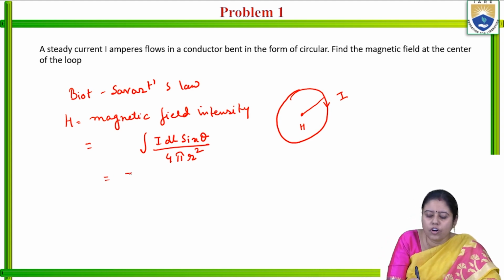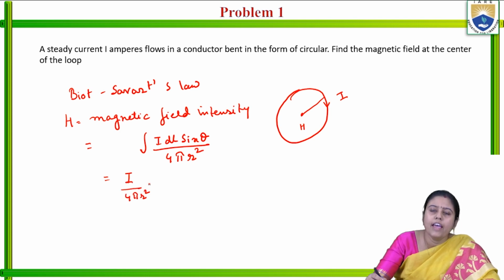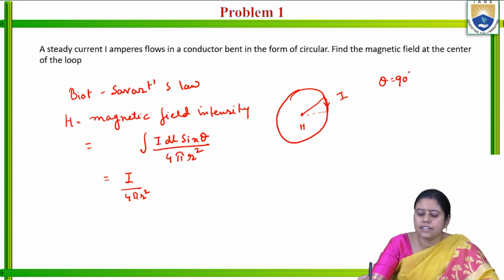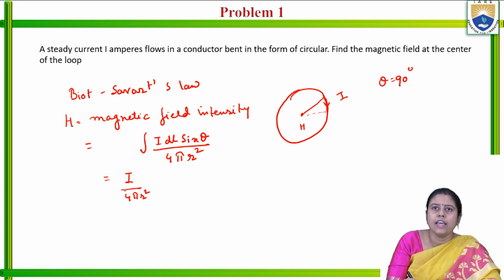So I is constant, 4 pi r square is constant, and in a circle theta is the angle between the perimeter and the center, and for a circle theta is always 90 degrees. So we can write I by 4 pi r square integration of dl.